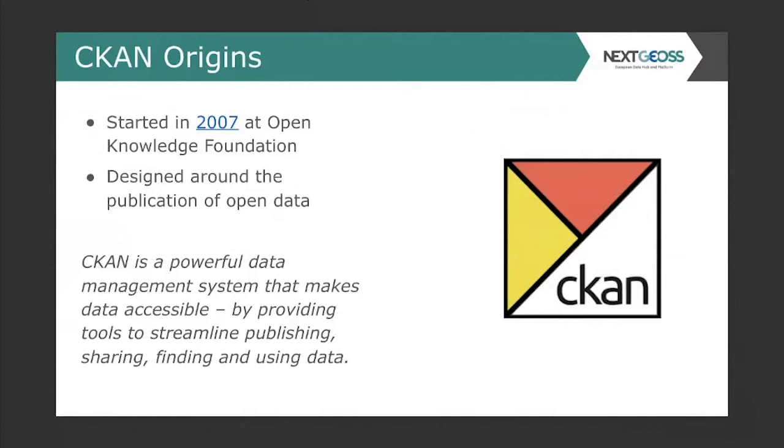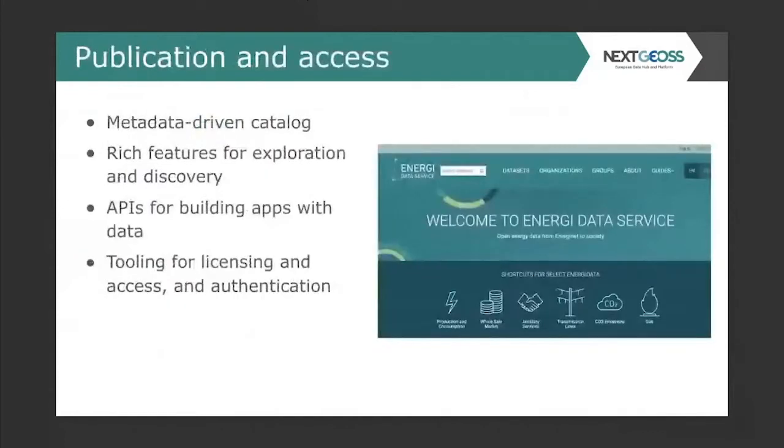So what does that mean, data publication, data access? CKAN is a metadata-driven catalog. Metadata is really important for data management. Metadata is really what makes data management work.